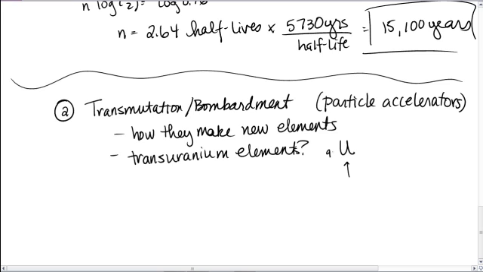And uranium is atomic number 92. So that means that anything with an atomic number greater than 92 is man-made. And if you look at a periodic table, that's quite a few elements that are man-made, like americium, californium, things like that, plutonium.